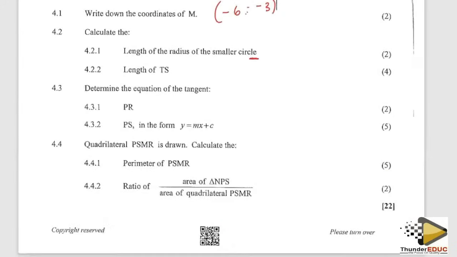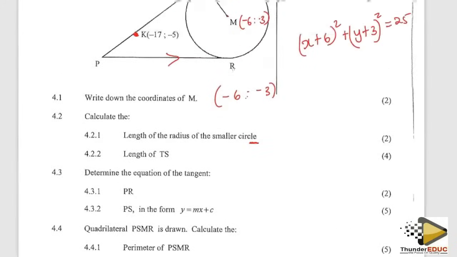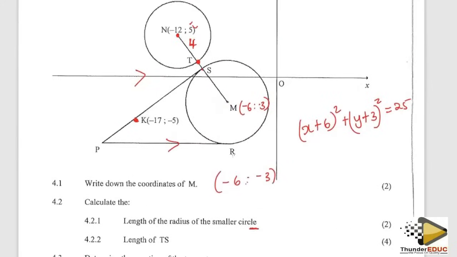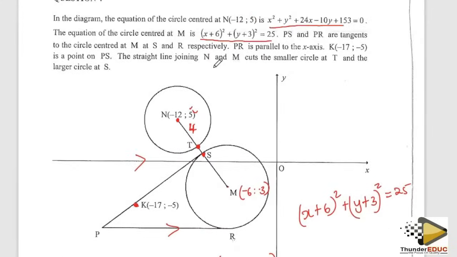Then the next question is asking for the length TS. So the distance between T and S. All right, so do we know the radius of the big circle? Yes. Okay, so the radius of what is the distance SM?